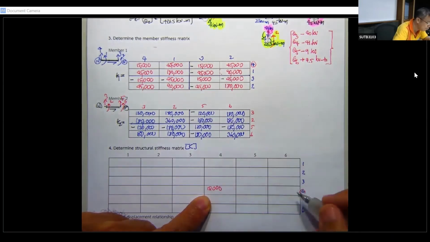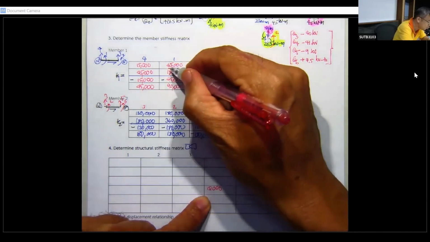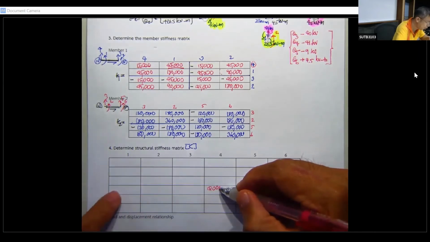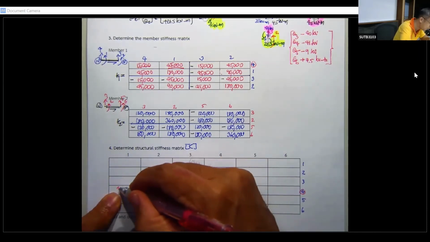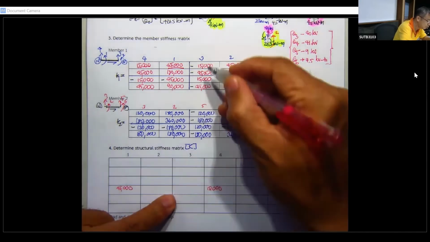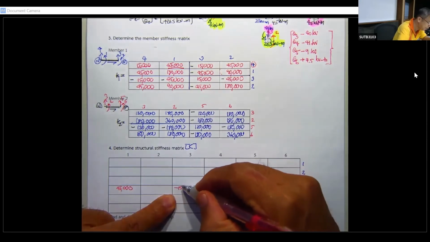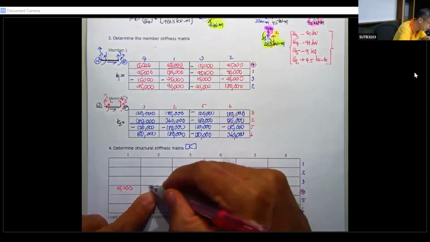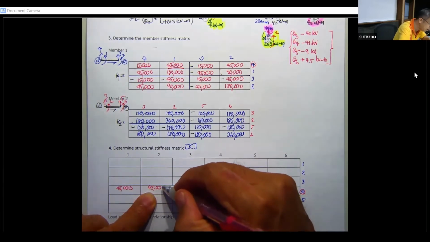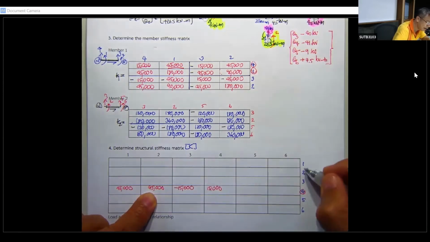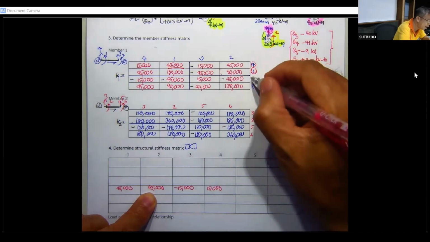115,000, and then from 4 you go to 1. Okay, 4, and then you jump into 1. That is going to be 45,000, and then you jump into 3, minus 15,000, and then you jump into 2. Just remember the way you work on it. Okay, and next go to number 1, and then number 1 with what?